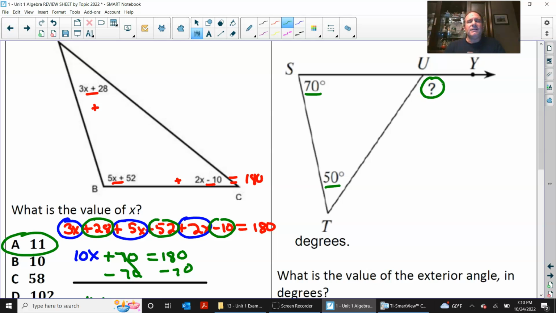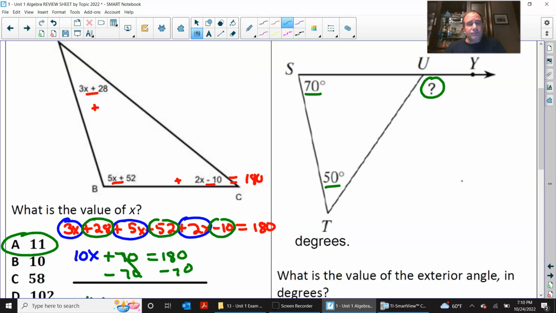Just remember, the exterior angle theorem says when you add the two non-adjacent interior angles, not next to the exterior angle, the sum of those two will equal the exterior angle.